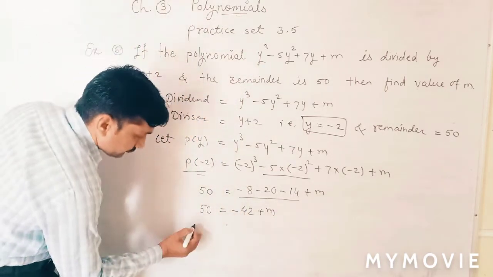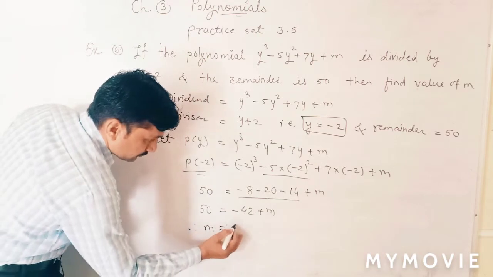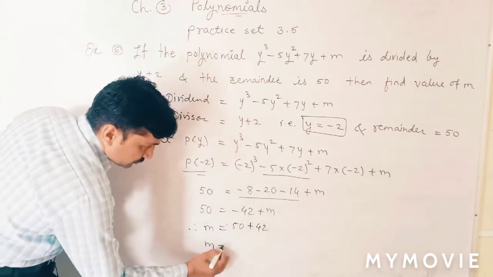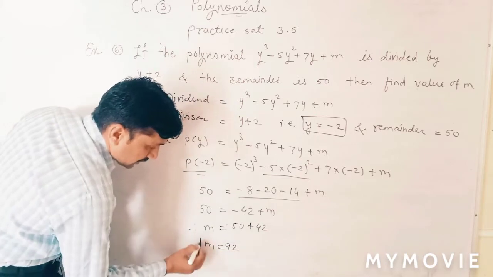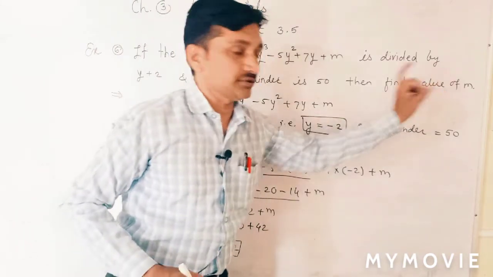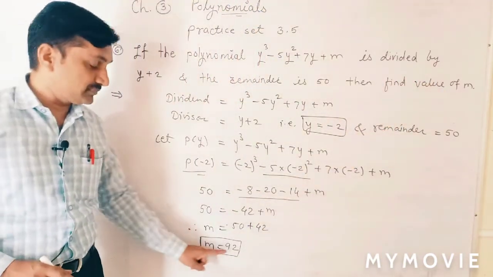Therefore m is equal to 50 plus 42. We get the value of m as 92. This is the value of m that we want here. The value of m is 92.